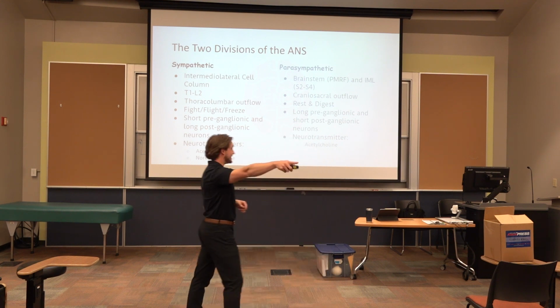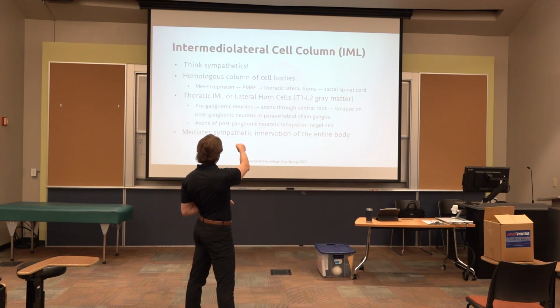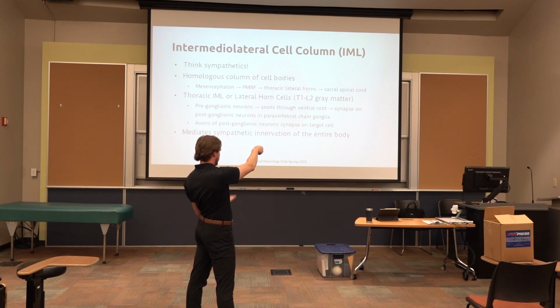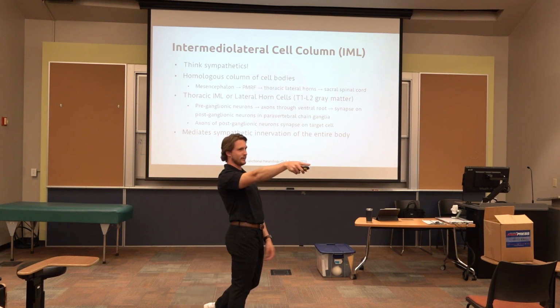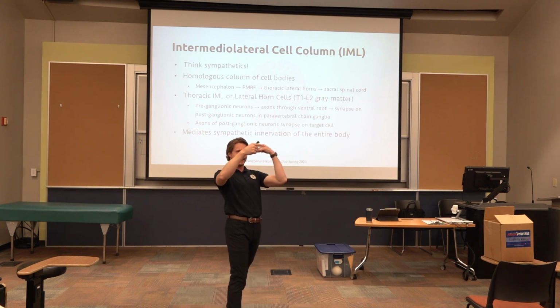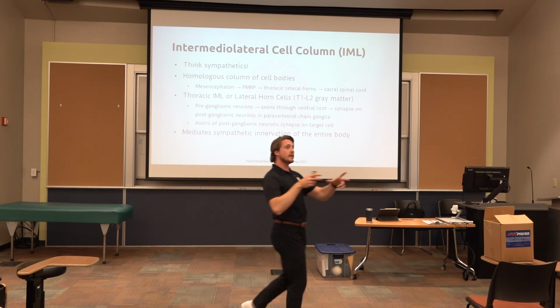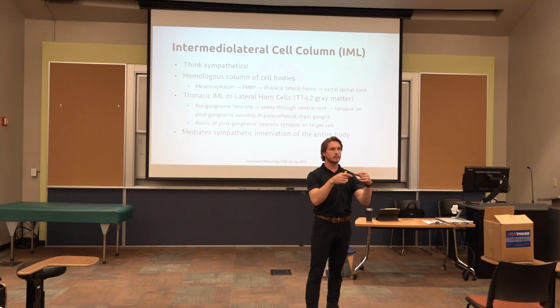Bingo. That's exactly what I was talking about. This homologous column of cell bodies runs exactly like that, right? So you have the midbrain, PMRF, thoracic lateral horns, and also our sacral spinal cord. What that really means is they developed from the same thing from an embryological perspective.